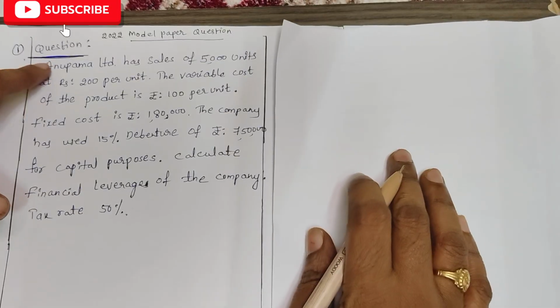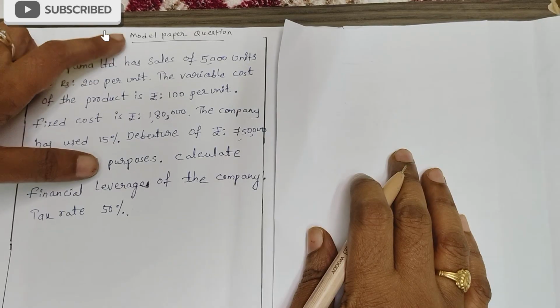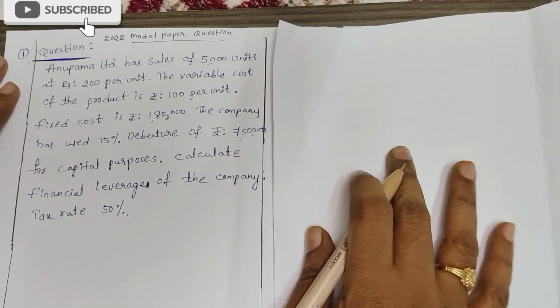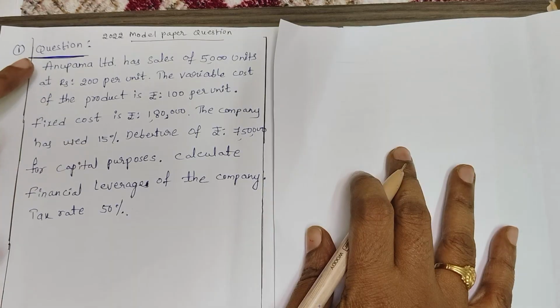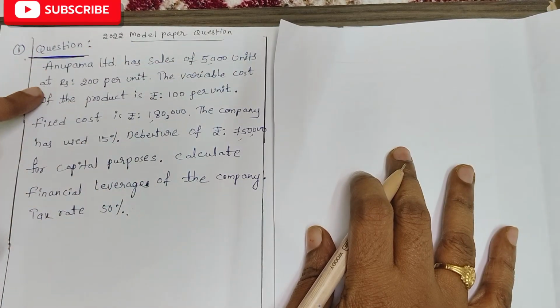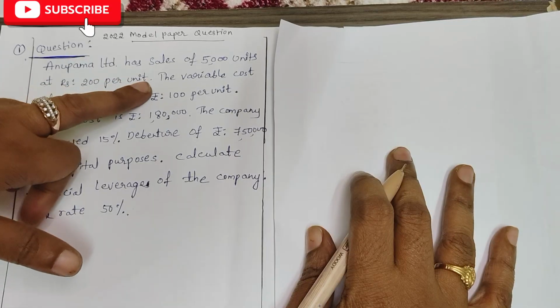Here we have a 2020-22 model paper question. It is an important question. See how to calculate this. Listen once. Anupama Limited has sales of 5,000 units at rupees 200 per unit.